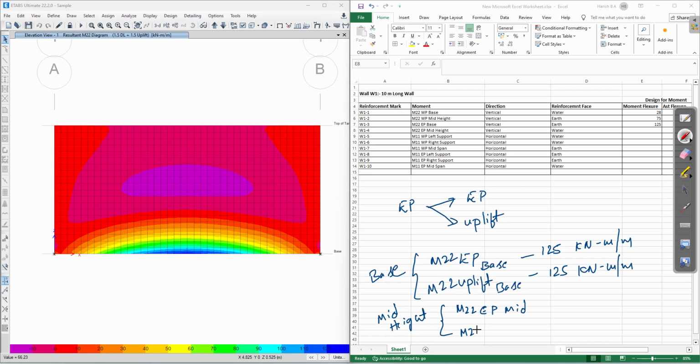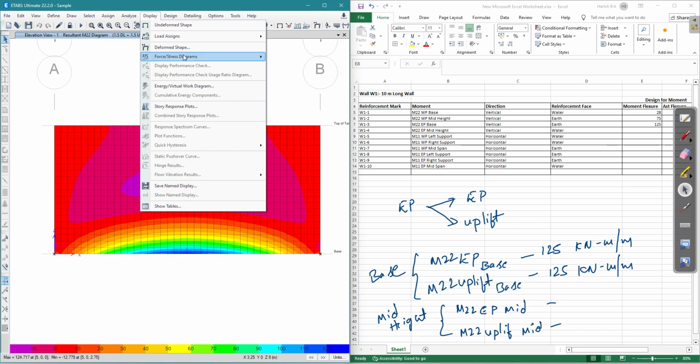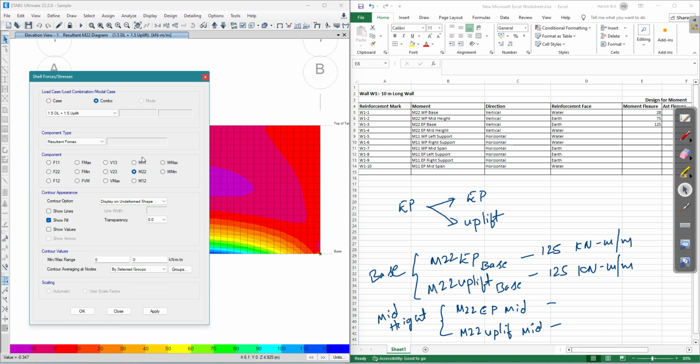Next M22 uplift at mid. So you go to display, force, bar stress diagram, shell stresses bar forces. So for M22 you change the combination to earth pressure, apply.